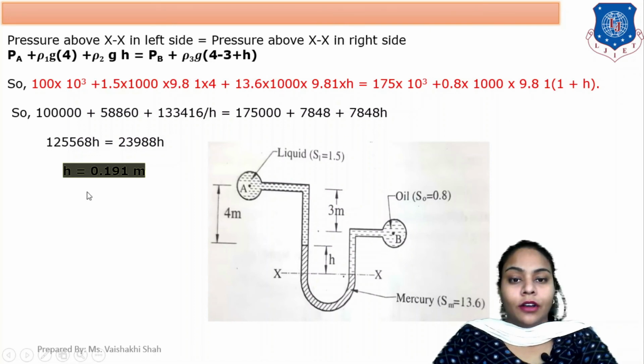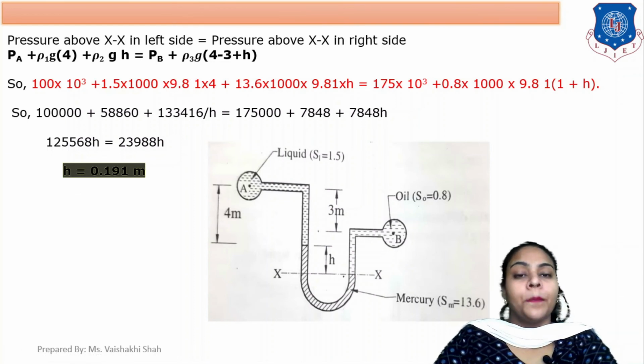So, by solving this equation in calculator, you get the final answer for h, that is 0.191 meter.